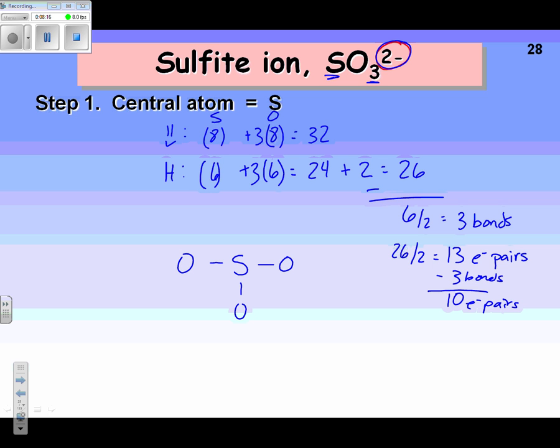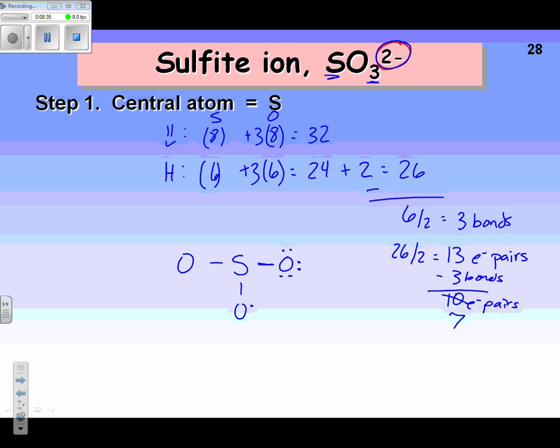We're going to start on the outside atoms, and we're just trying to fill up their octet. So this oxygen already has access to 2, so it needs 6 more electrons, or 3 more pairs. Now I'm down to 7 electron pairs.